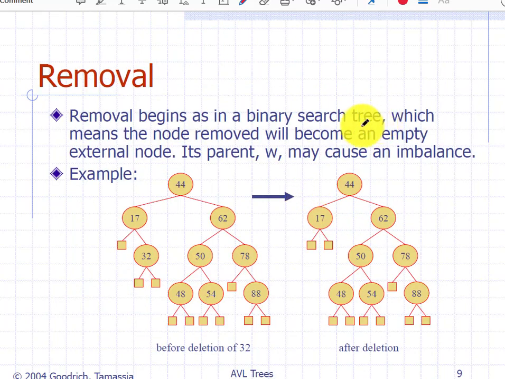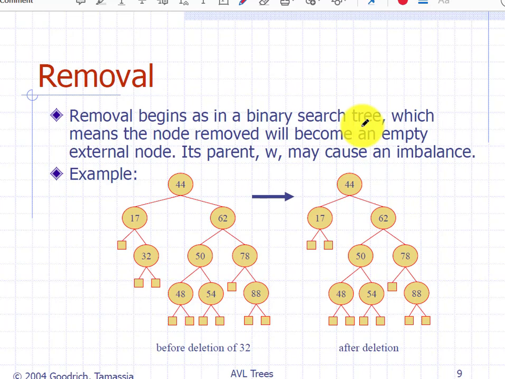So removing is very much the same. I won't say much about it because it's very much the same as a binary search tree. We spoke about that before. Remember, there were 3 situations in deleting nodes before in binary search trees. You remove the same way.